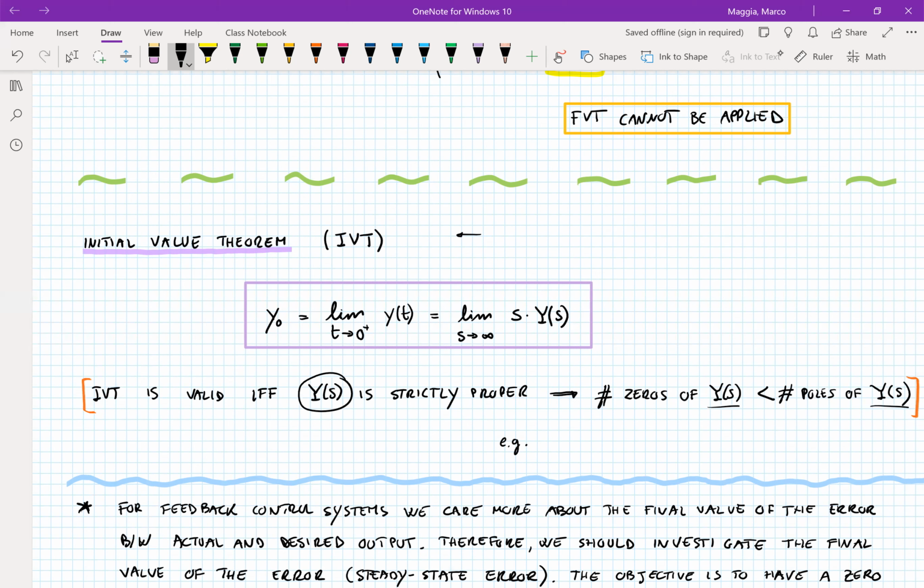For instance, if we had a function equal to (s plus 2) over (s squared plus 3s plus 4), well, we only have 1 zero and 2 poles because the degree of the polynomial at the numerator is equal to 1. So we're going to have only 1 zero, in this case at -2. And then we have 2 poles because the degree of the polynomial at the denominator is equal to 2.